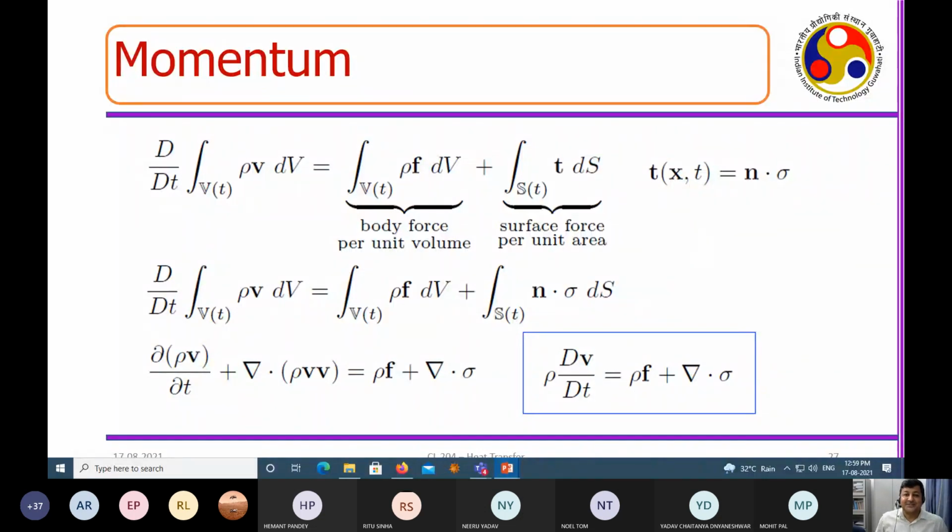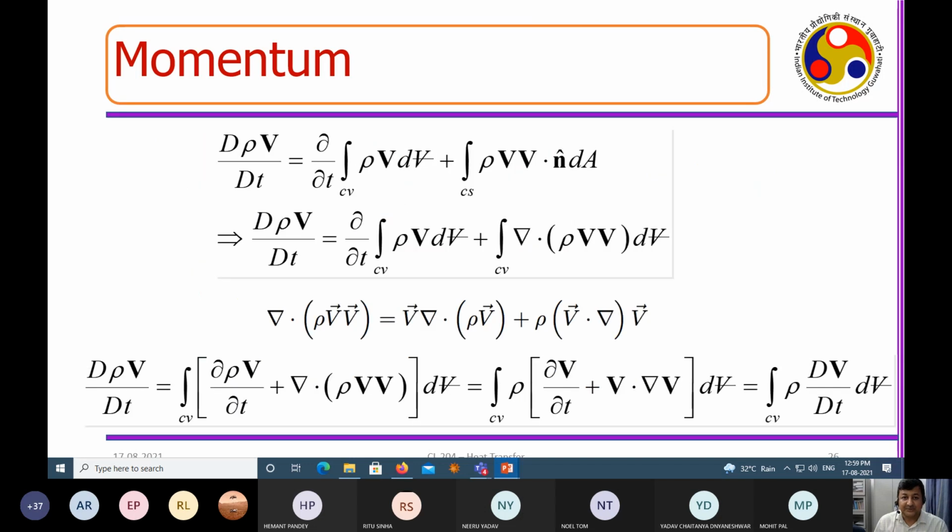Right? So momentum balance, conservation of momentum, is nothing but Newton's second law of motion. So first what you do, you start with Reynolds transport theorem. You implement the property phi as the momentum, and then you get the definition of mass into acceleration in terms of the substantial derivative.